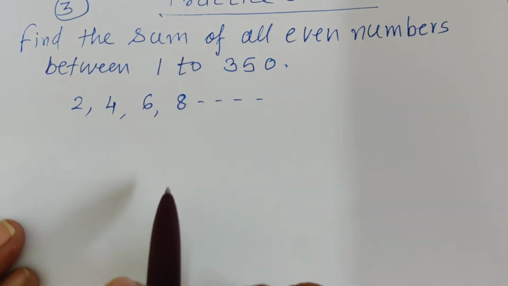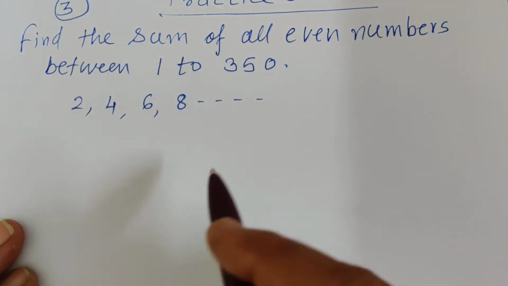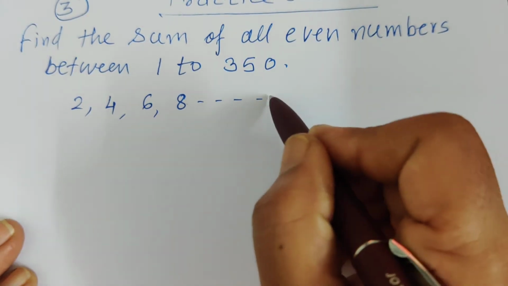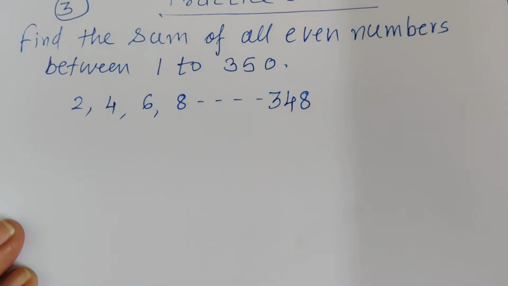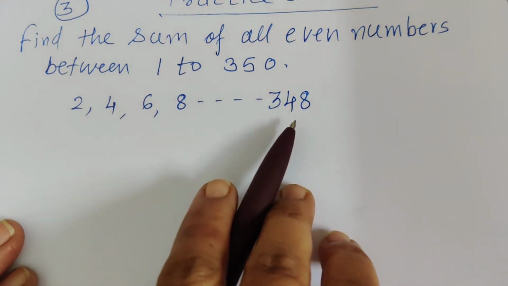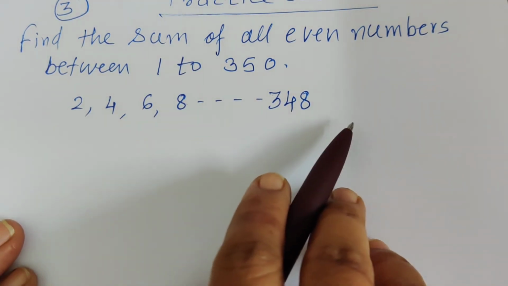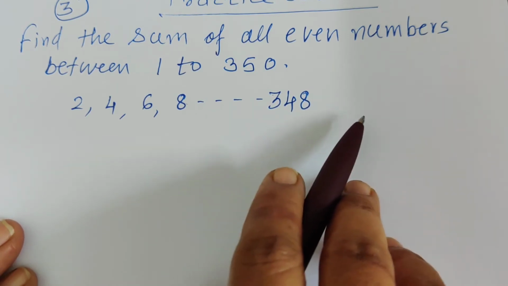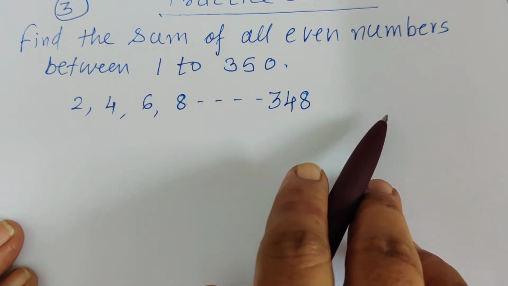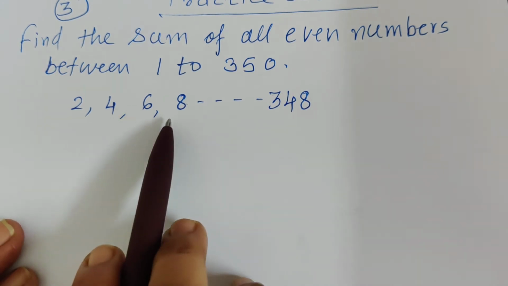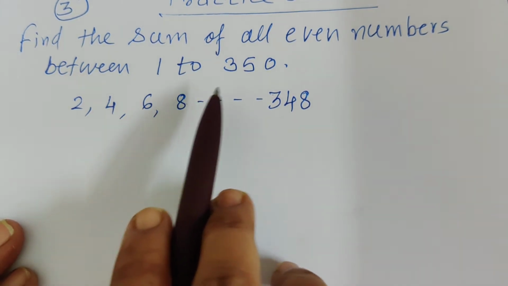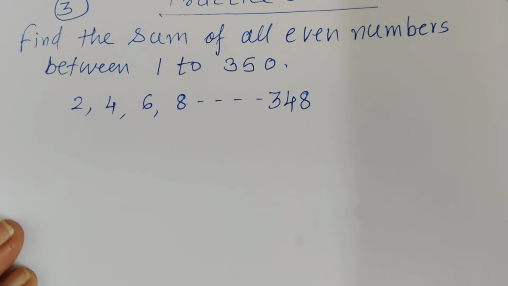So before 350, the last even number is 348. After 348 comes 349, which is not even, and after 349 comes 350, which is even, but it cannot come in the list because it is said between 1 to 350.